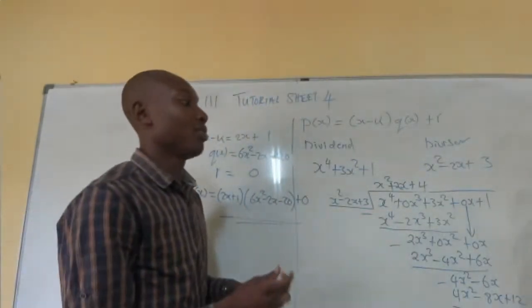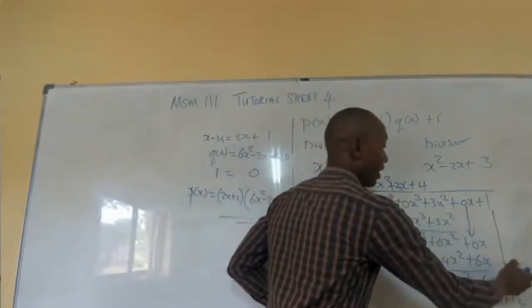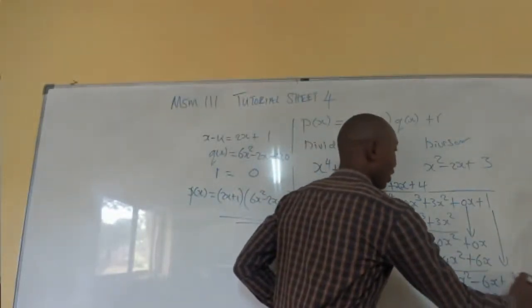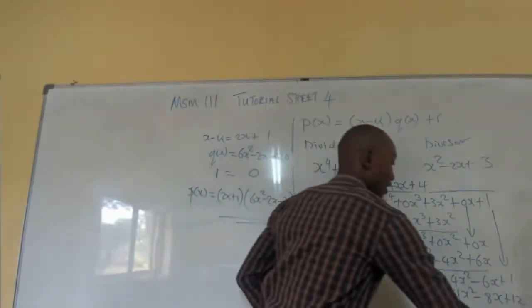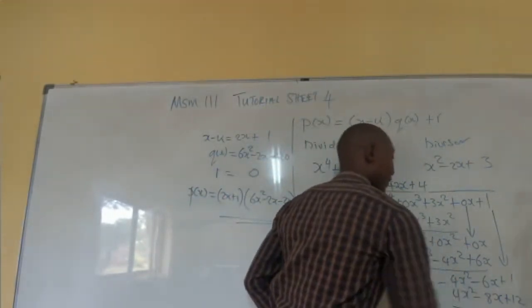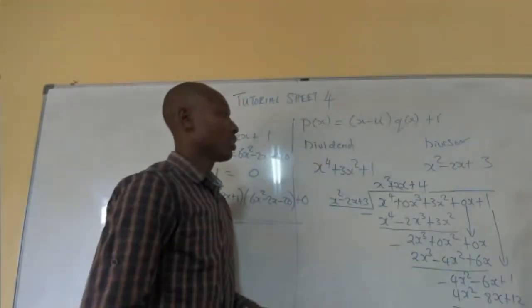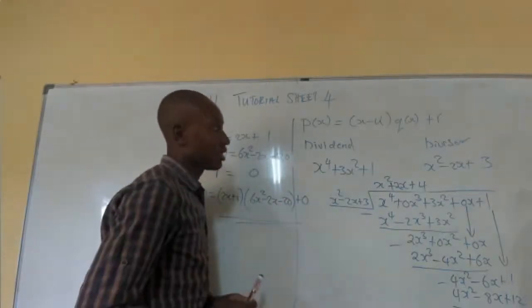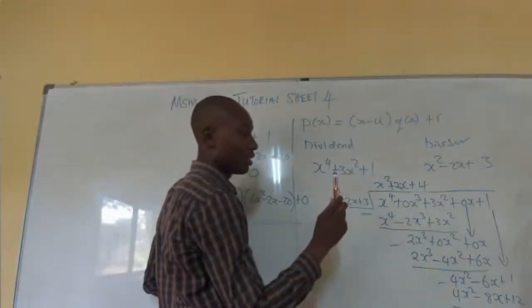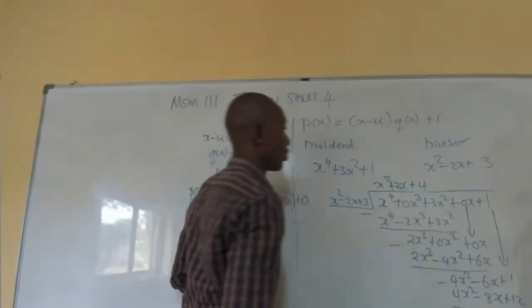The lonely principle: give it accompaniment, bring down. So we are going to bring down 1. 1 minus 12 is actually minus 11. Alright, so this is actually what we have. This part is the divisor, the quotient, and that's the remainder.